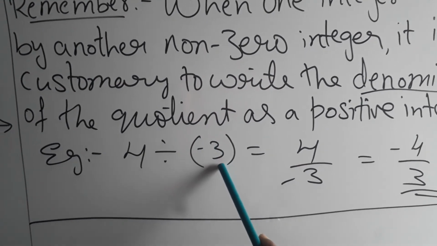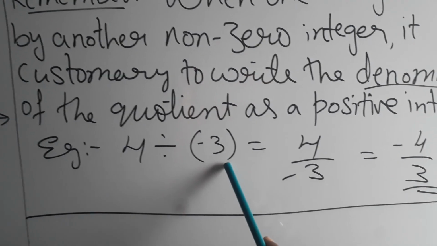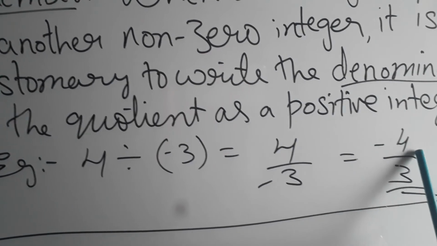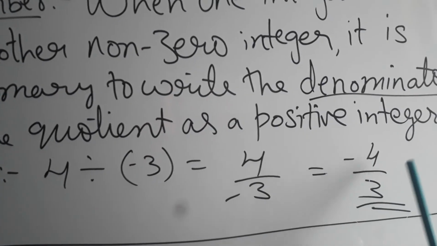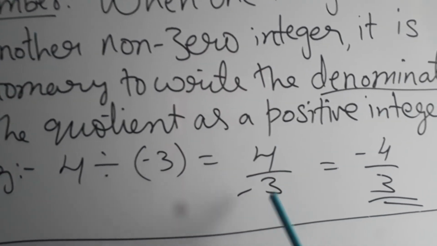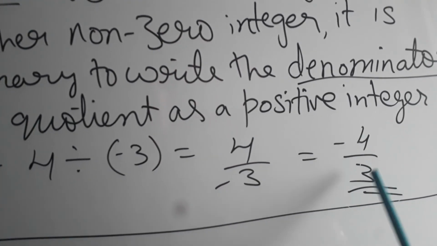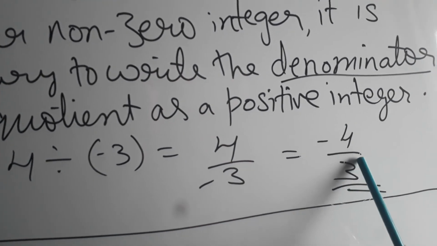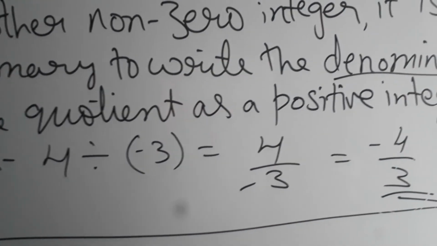So it is customary to write the denominator of the quotient as a positive integer. Quotient means this is our answer. If you divide further, you will get a decimal fraction. Is it clear? So 4 upon minus 3, my answer is minus 4 upon 3. So this answer is actually our quotient. Hope this is understood, children.